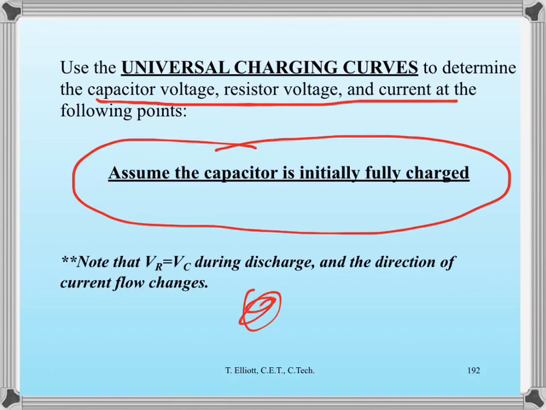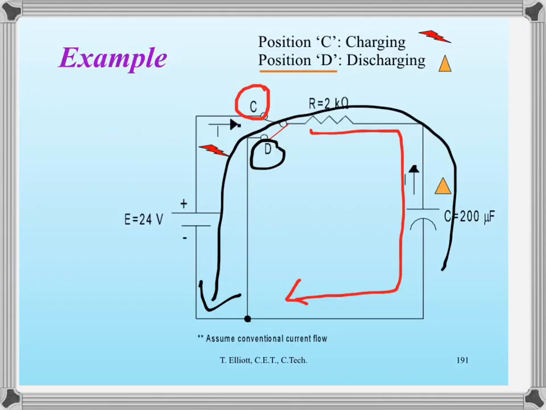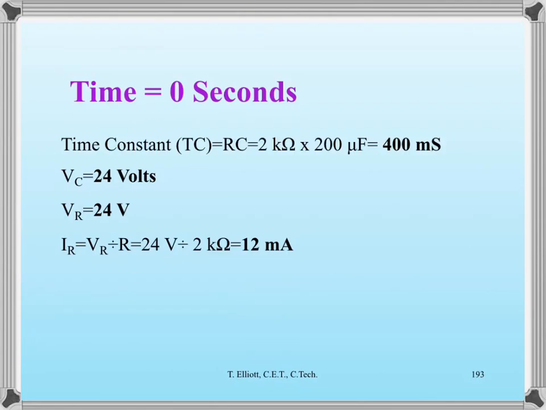And just note the current direction change, which we've talked about before. So at time equals 0 seconds, in other words, that's the time we're moving the switch from charge to discharge. If the capacitor was initially charged to 24 volts, the nanosecond after moving the switch, it's still at 24 volts. And the resistor voltage is 24.